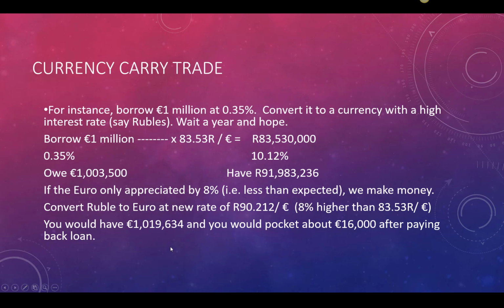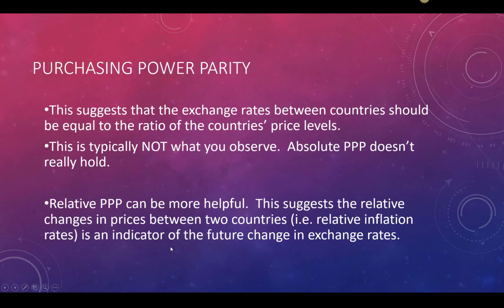So let's move on to the next notion here, and that is the idea of purchasing power parity. Purchasing power parity suggests that the exchange rates between countries should be equal to the ratio of the countries' price levels. So for instance, if we had a basket of goods that we bought in Germany, paying euros for it, and we had to pay 100 euros.